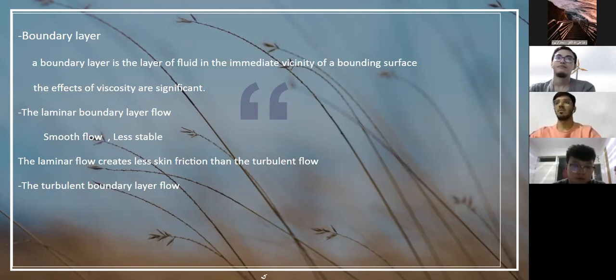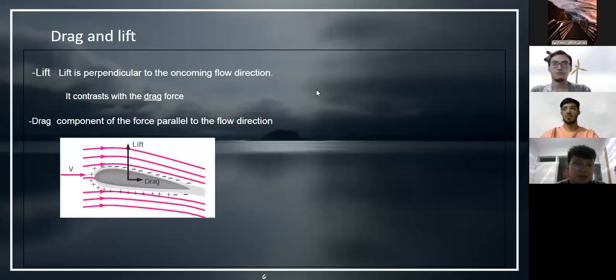Boundary layer flow over a wing surface begins as a smooth laminar flow. As the flow continues back from the leading edge, the laminar boundary layer increases in thickness, and it becomes the turbulent boundary layer. And next, the drag and lift.